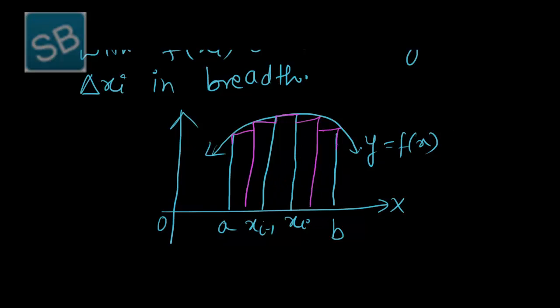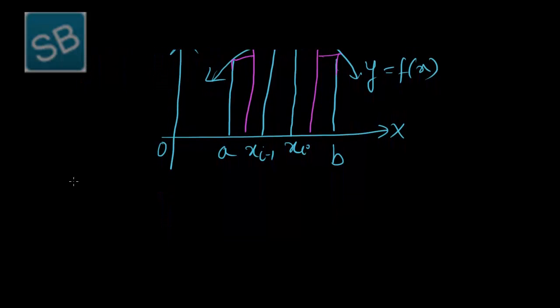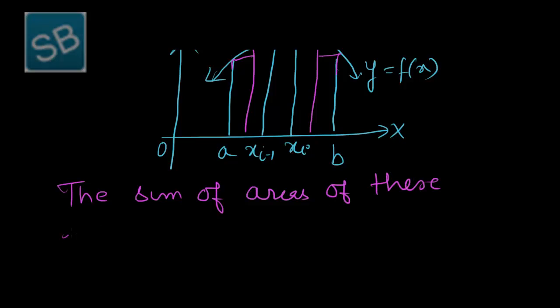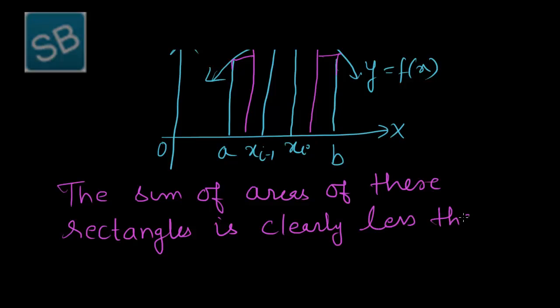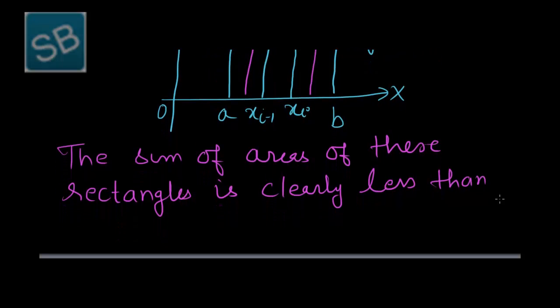If we take the sum of the areas of these rectangles, it is clearly less than the area A of the curve lying between y = f(x), x = a and x = b, because we are taking just the height f(xi') and breadth delta xi.